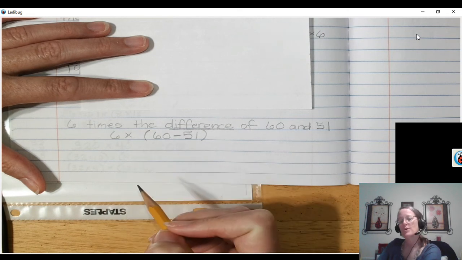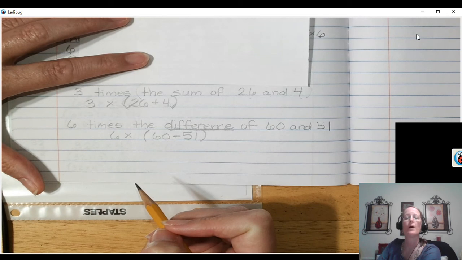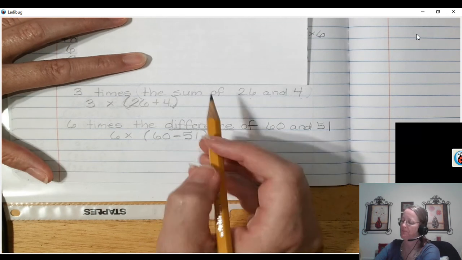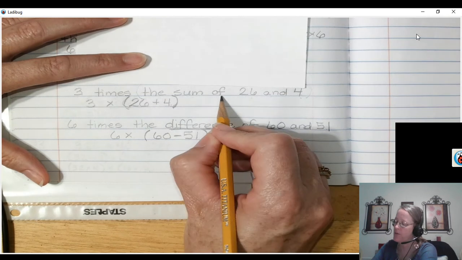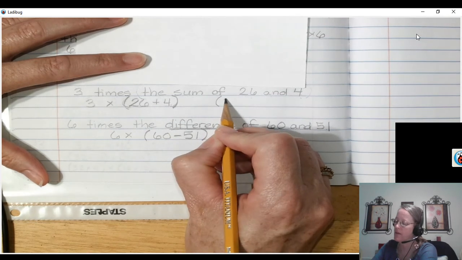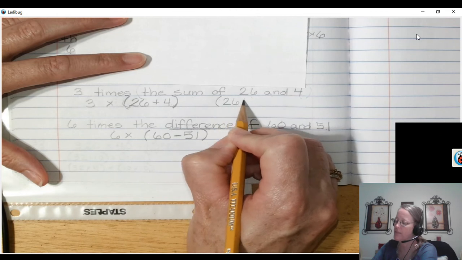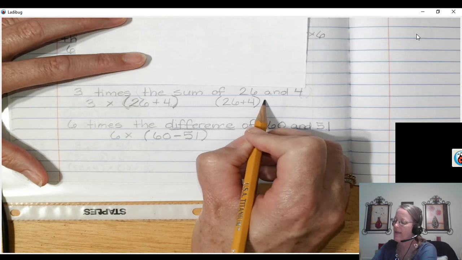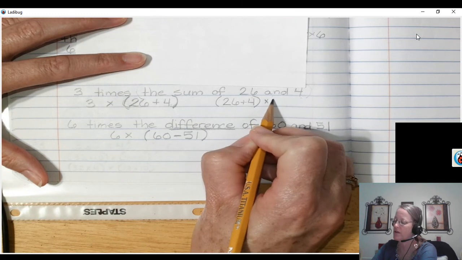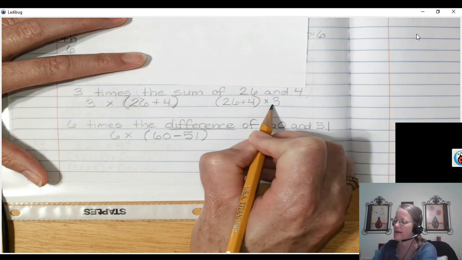I wonder, and even in the problem before, let's go back to this one. I wonder if I wrote this 26 plus 4, the sum of 26 and 4, and then I put the multiplication on this side.